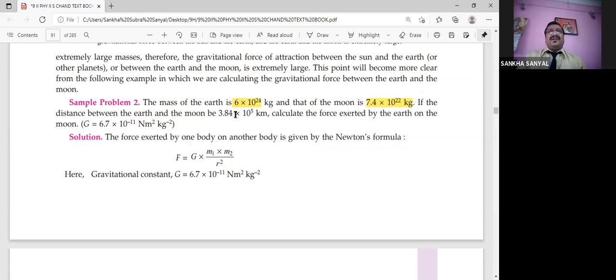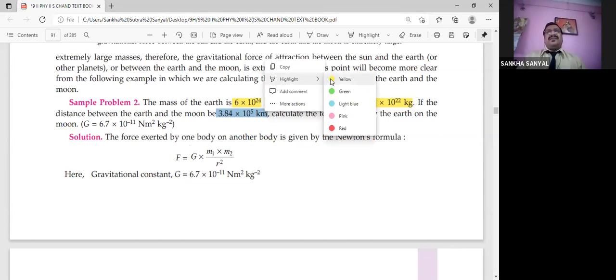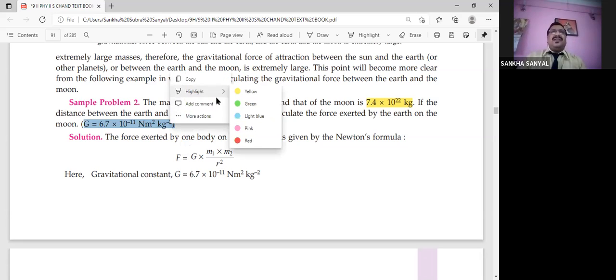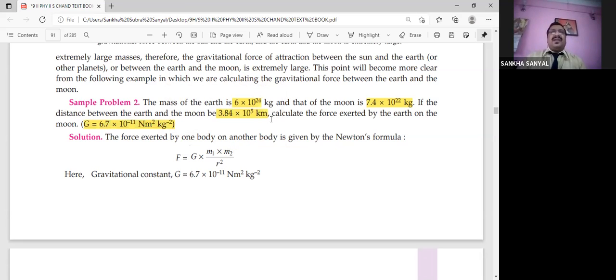The distance between the Earth and the Moon is found to be 3.84 into 10 to the power 5 kilometer. If it is 10 to the power 5 kilometer, we can easily convert that into meters: 3.84 into 10 to the power 8 meter. The value of G is also provided to you, which is 6.7 into 10 to the power minus 11 Newton meter square kg to the power minus 2.